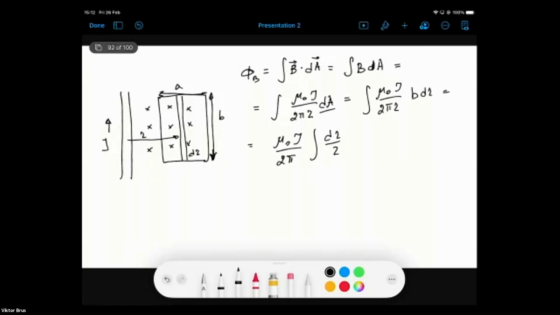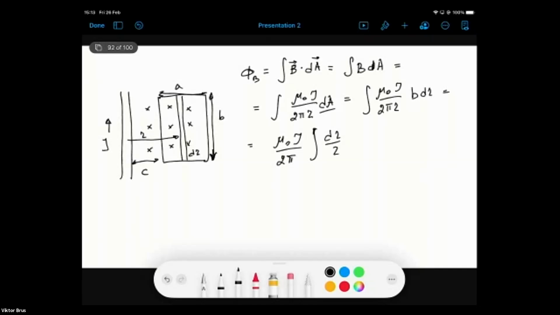So we need to define here the limits from where to where we integrate. And for this purpose, let's consider that this close side of the frame to the wire is located at the distance c from the wire.